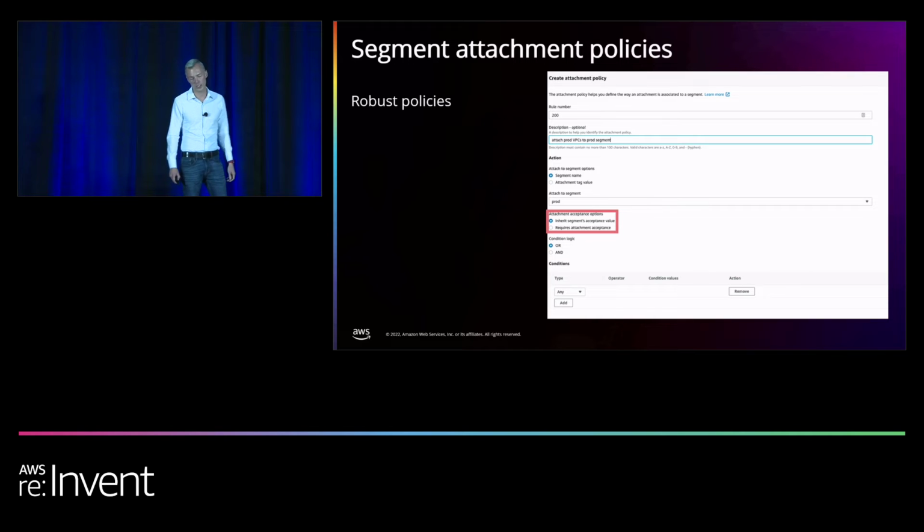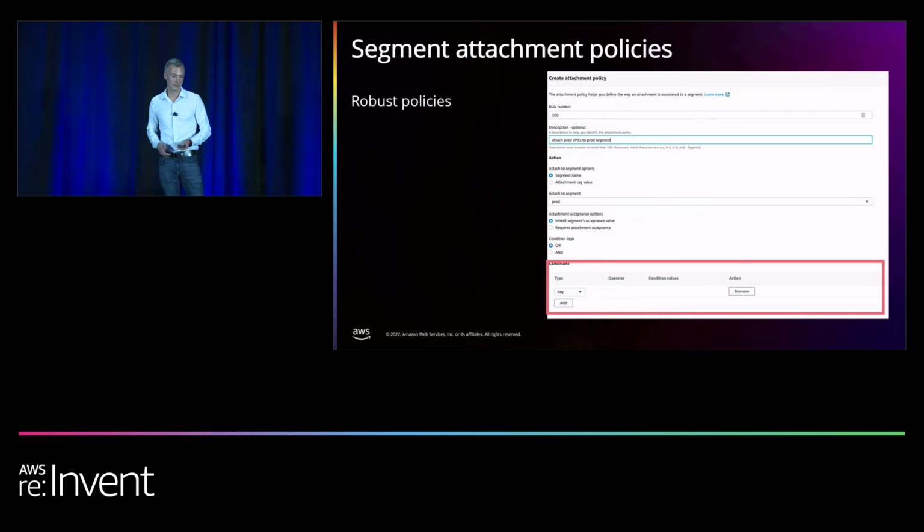And then we can make sure that happens. And then we go and build our logic. This can be and/or type of almost like regular expressions where there's multiple conditions and if any of them are met, then it's attached. Or you can do an explicit and. So the region is this, and the attachment type is this. You can build a hierarchical type of policy.